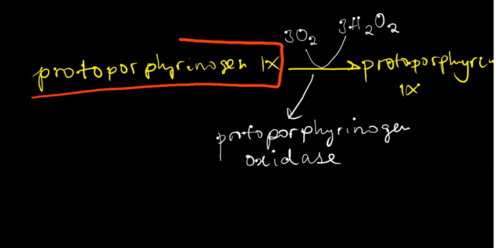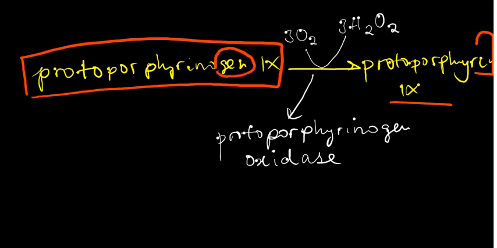Now that we have protoporphyrinogen 9 in the reaction, it is oxidized further to protoporphyrin 9. Okay, notice the change in names. Protoporphyrinogen is now changed to protoporphyrin. It's just like in the stomach during digestion, where the body stores pepsin as pepsinogen, right?